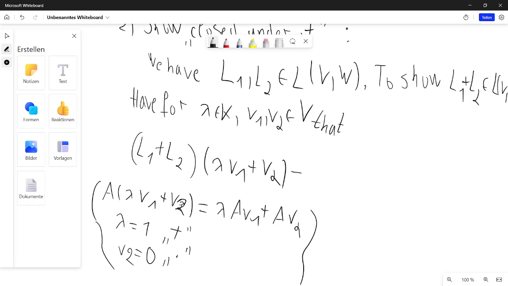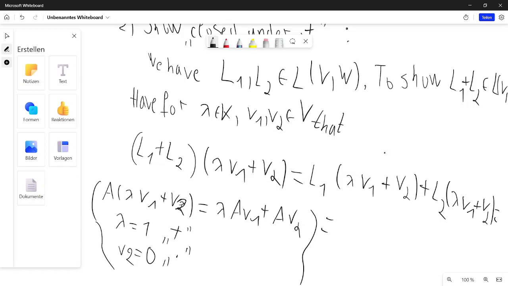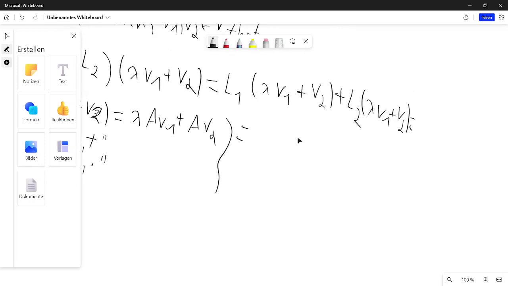All right, let's look at what that is. Well, just by definition, that's lambda v1 plus v2. We just took this vector, we evaluate that it's the first map that participates in it, right? And then we evaluate the second map, and now we have, of course, to use the properties of these maps to arrive at our desired conclusion, right?